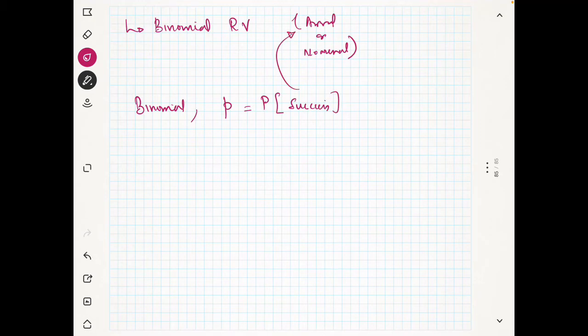How can we define this? Suppose lambda is the arrival rate.